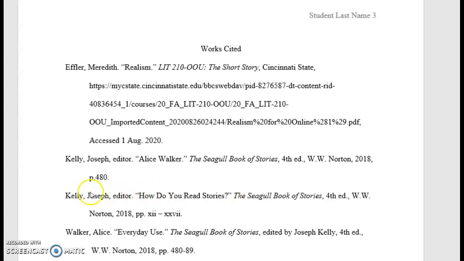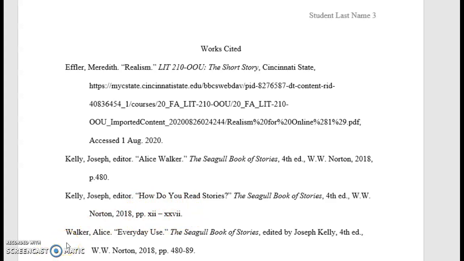And again, you're giving credit to Joseph Kelly as the editor for creating that introduction for you. And then the title of that chapter. The rest of the information about the textbook remains the same. And then we have our page numbers.